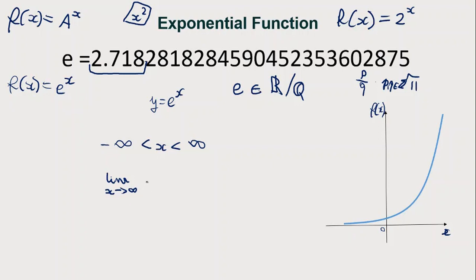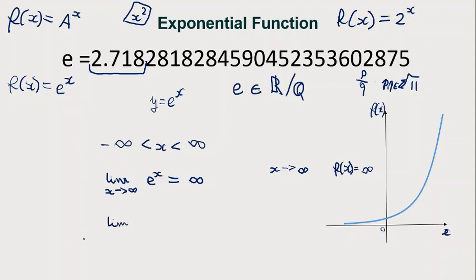What you will realize is that the limit of e to the x as x goes to infinity is infinity. In other words, when x goes to infinity, f of x, which is e to the x, goes to infinity. That's my claim about the basic behavior of it.